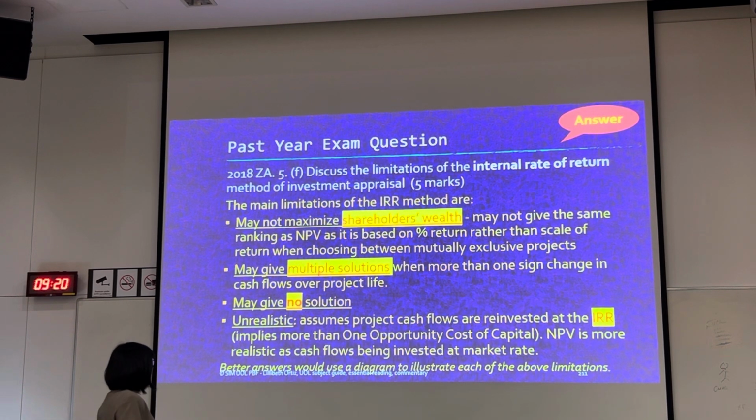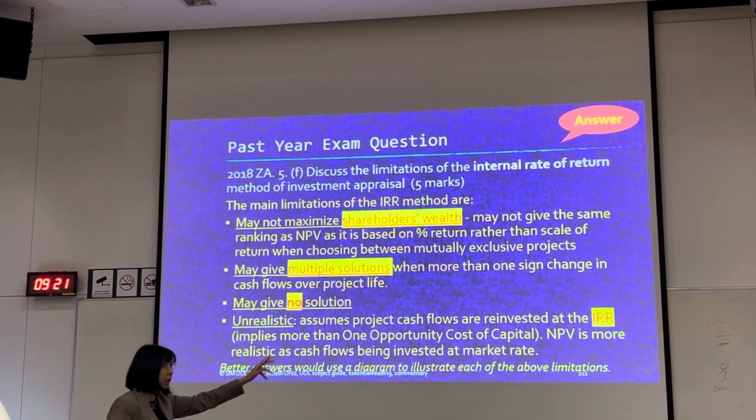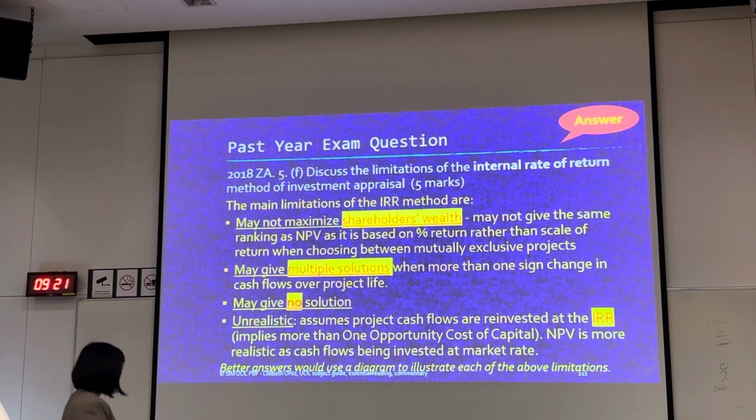So that assumption is unrealistic, that you can reinvest the cash flows using the same IRR. The more correct assumption is you can reinvest it using the opportunity cost of capital, which may not be the same as the IRR. Okay.